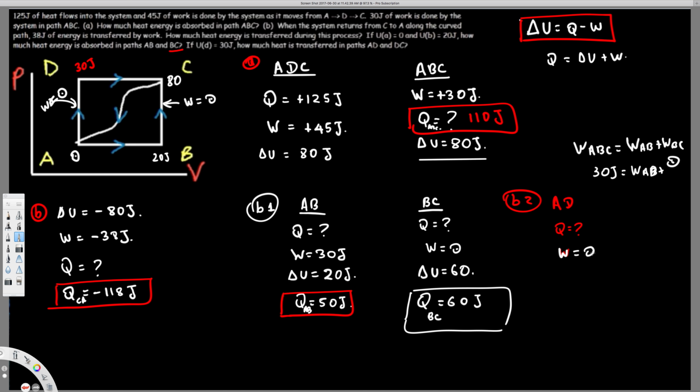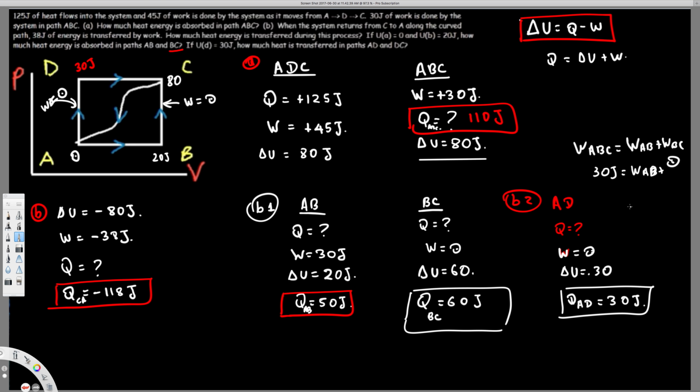Do we have delta U? Delta U is going to be the difference, right? So we are dealing with AD, D minus A, 30 minus 0, that's going to be 30. Okay, so we have W and delta U, we can calculate the Q. Q is going to be delta U plus W, therefore QAD is going to be equal to 30 joule.